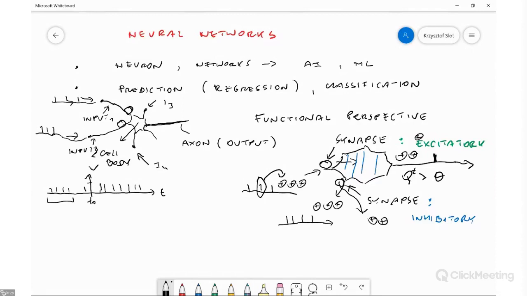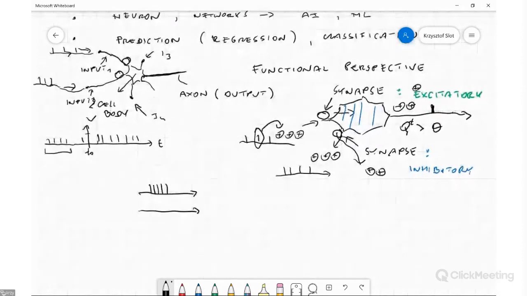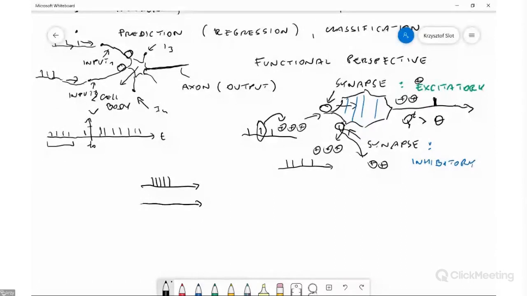If there is a lot of activity that is exciting this neuron, then a neuron will generate pulses at high rates. If there is a small activity of these neurons that provide a cell body with a charge, it will be generating pulses at a much lower rate. And in the extreme situation, if this inhibitory mechanism overtakes, a neuron might be silent because it might not exceed this threshold level at all.